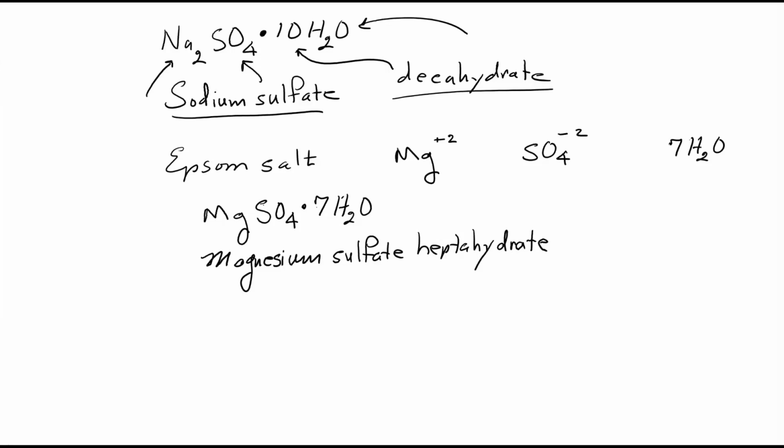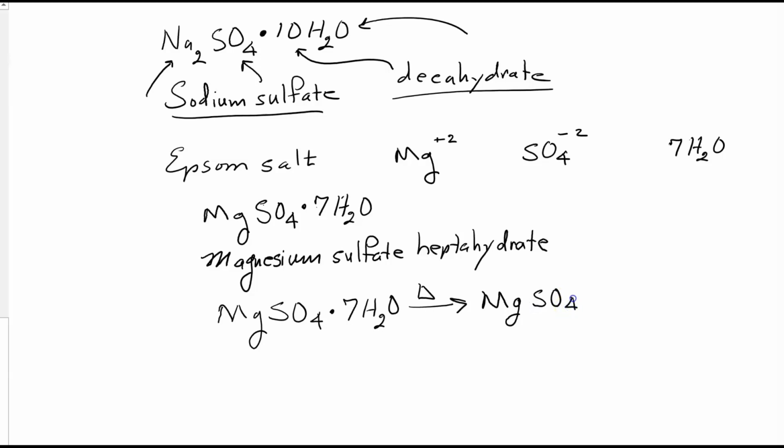There are many other examples of hydrated ionic compounds. So if we wanted to distinguish, in some cases, the hydrate versus the compound that doesn't have water attached to it, we might have to emphasize that fact. So if we took the magnesium sulfate heptahydrate and we heated it, what would happen is we would end up with magnesium sulfate here, solid.